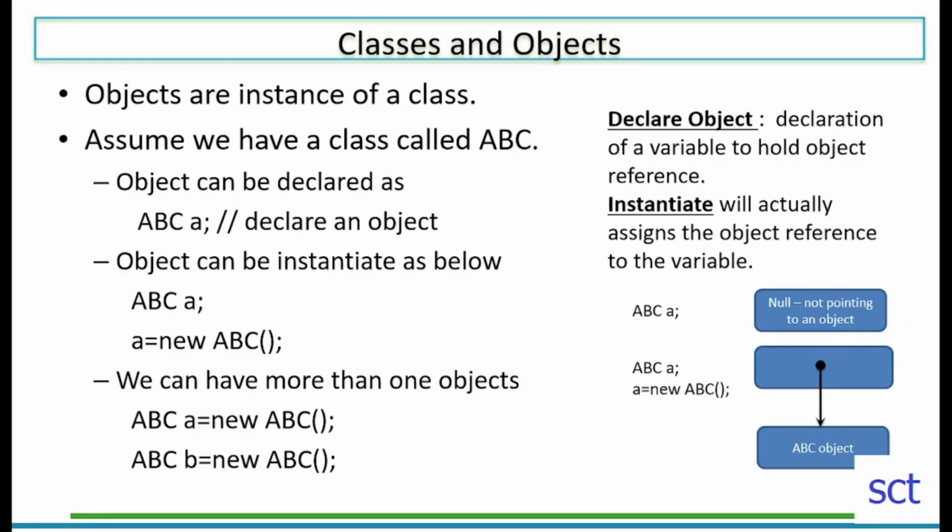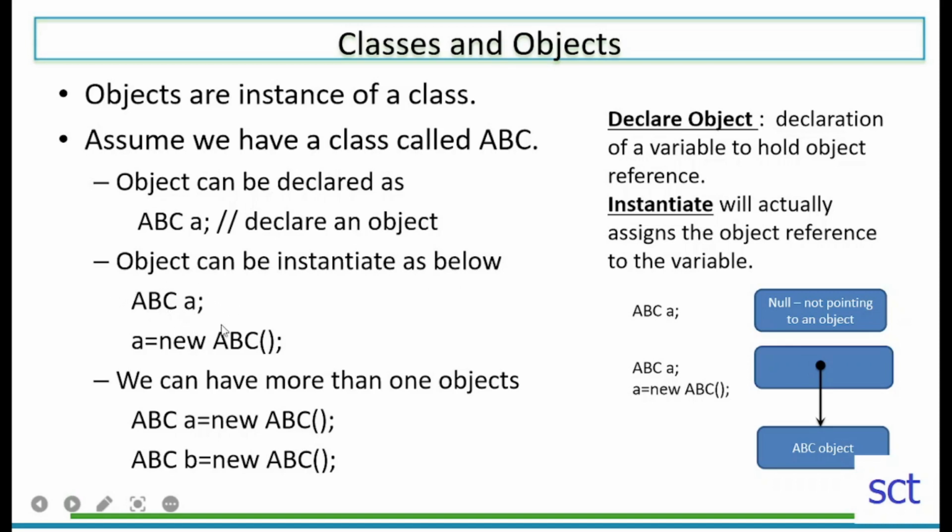Now let us go into more detail on objects. As I already told you, objects are instances of a class. Assuming that we have a class called ABC, an object can be declared as ABC A. A is the object of type ABC, and ABC is a class type variable.